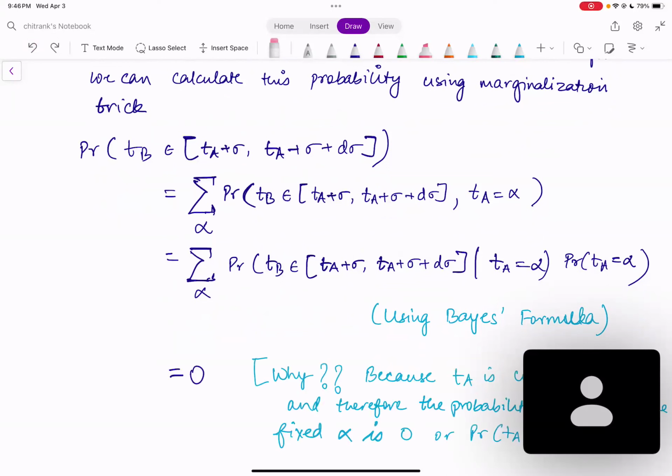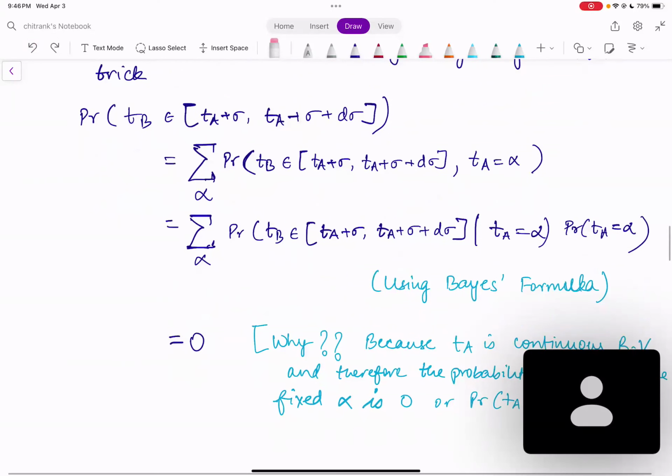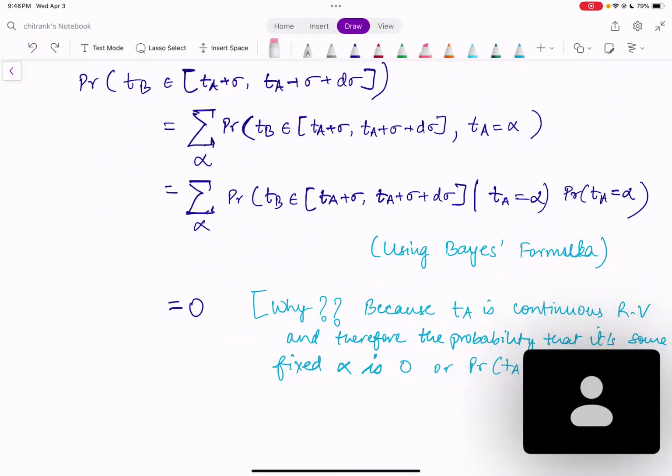And in the next step, it turns out that it's a zero. Now you may wonder why is that the case. Note that I had emphasized earlier that TA is a continuous random variable, and it's really important for you to understand the difference between continuous and discrete.